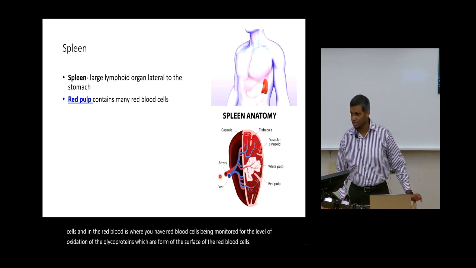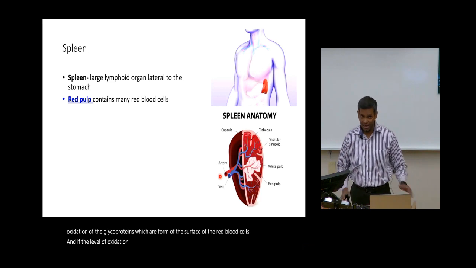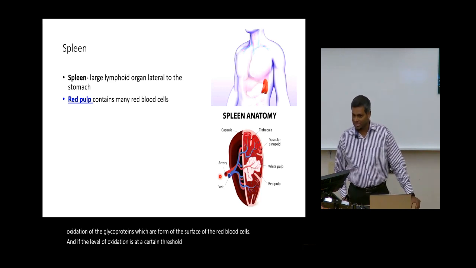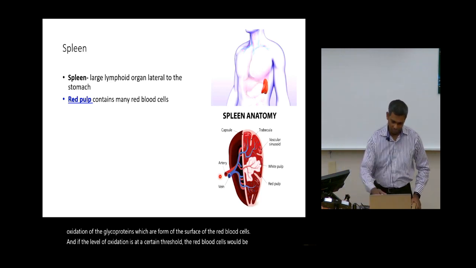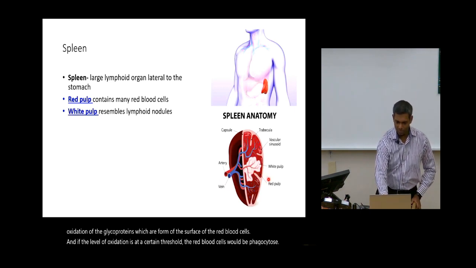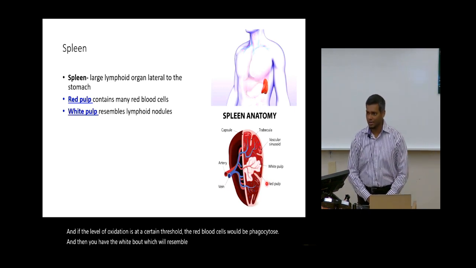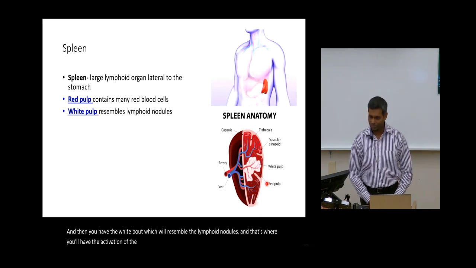And if the level of oxidation is at a certain threshold, the red blood cells would be phagocytosed. And then you have the white pulp, which will resemble the lymphoid nodules, and that's where you'll have the activation of the B and the T lymphocytes taking place.